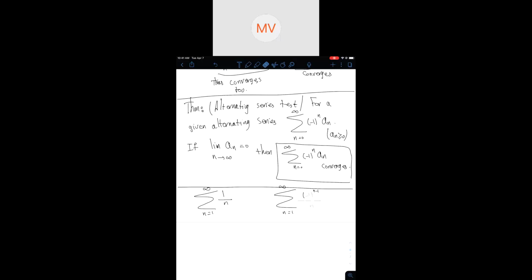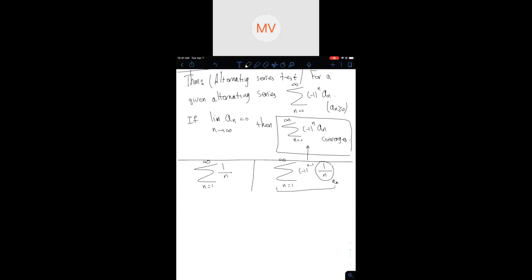In fact, let me write it this way: (-1) to the n minus 1 times 1/n. Okay. So if you compare this structure with the top one, this is the a sub n in that setup. So the right one, you look at it, so it diverges, right? Because it's a p-series.